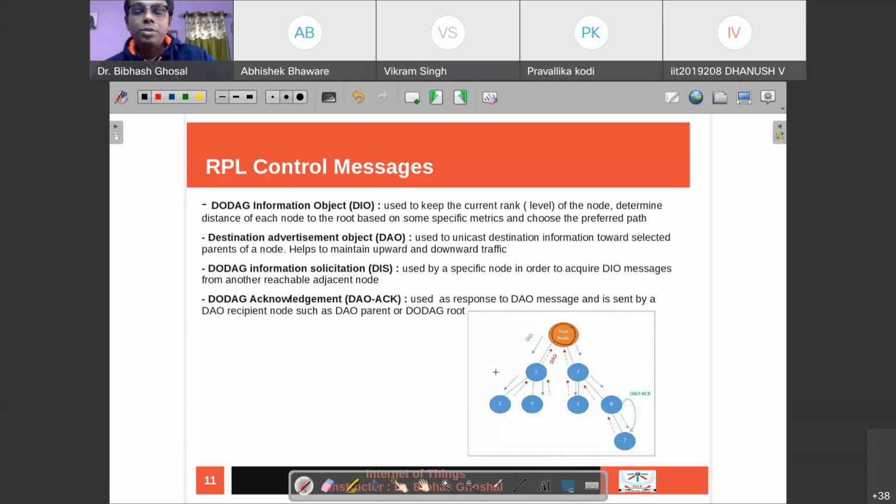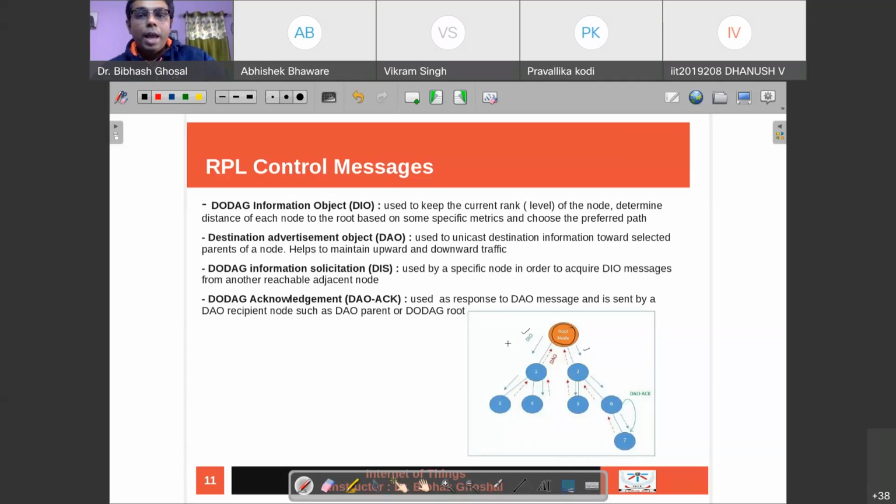So the root initiates the process by saying, see, I am this node and here is my information. Now it broadcasts or sends this information. Look at this. DIO is the object. It is used to keep the current level of the node, but this DIO information is initiated by the root. And what it says is, well, I am this node. This is my location. So it broadcasts that.